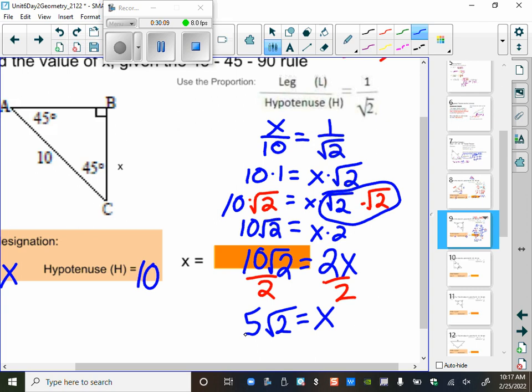This is the key step right here. Now, again, the way to get rid of that radical, multiply by itself. However, if you have a whole number times a radical, you can leave it in this form. That's not wrong.